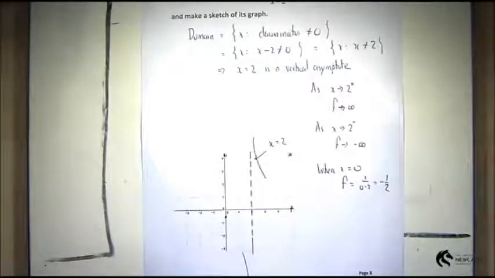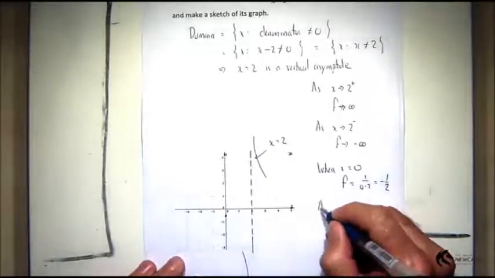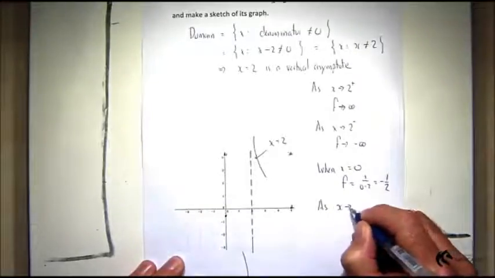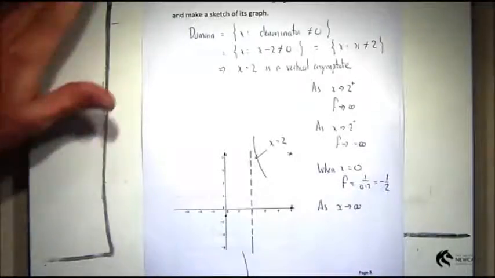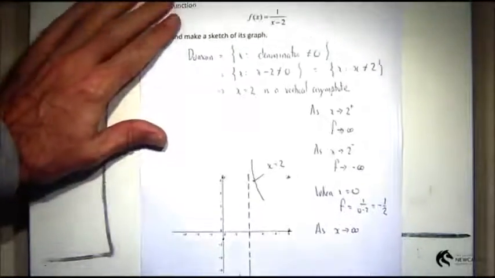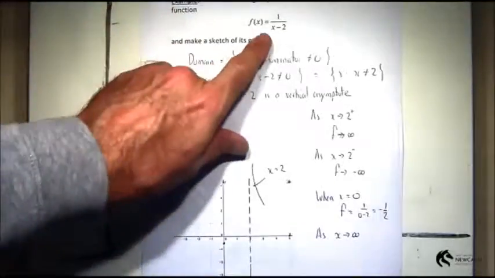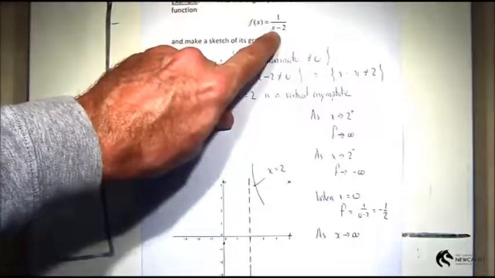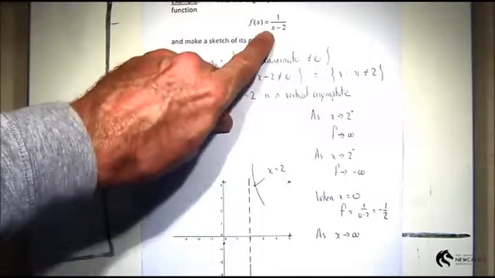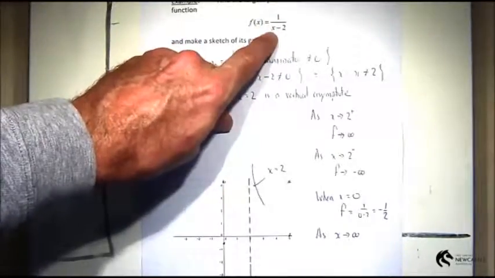I can get even more of an idea by thinking of this: what happens when x gets very, very large, as x goes towards infinity? So go back to our formula. If this was 100, then 1 on 98, that's fairly small. If this was 1,000, 1 on 998, even smaller.